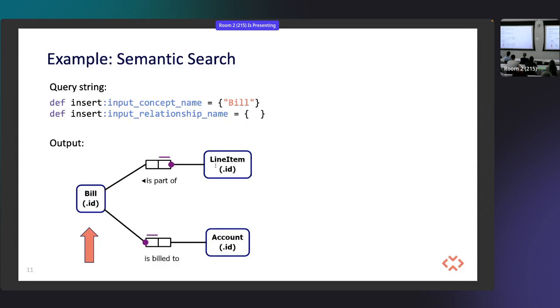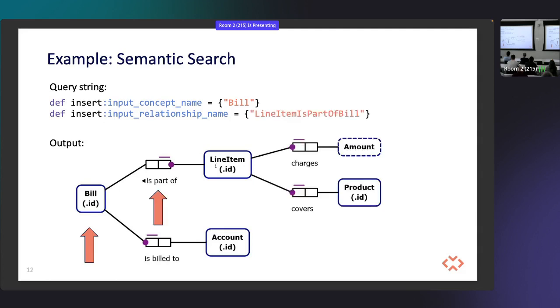Now we have two relationships presented for us, so we can go on and further expand this part of the ontology and use the line item is part of bill relationship to navigate further and see more of the ontology without actually having to understand in detail all the rest of it.